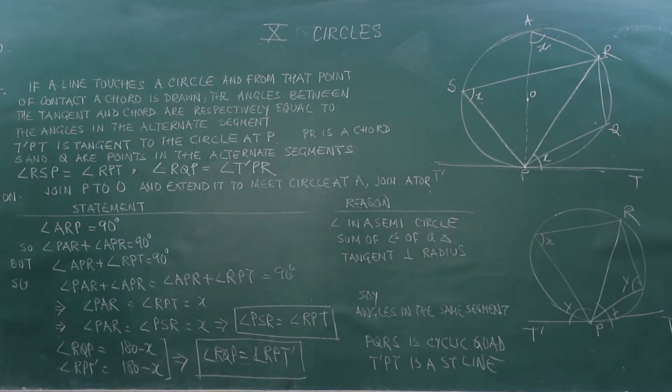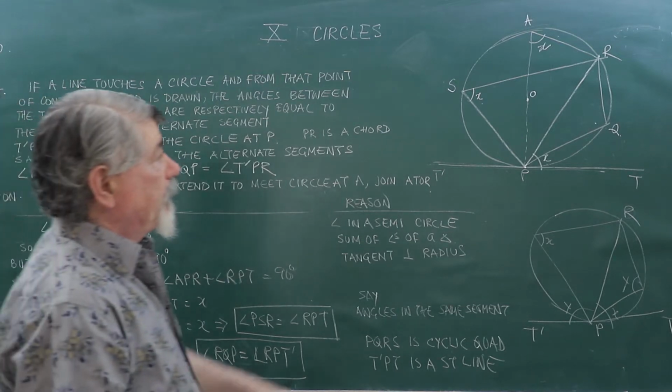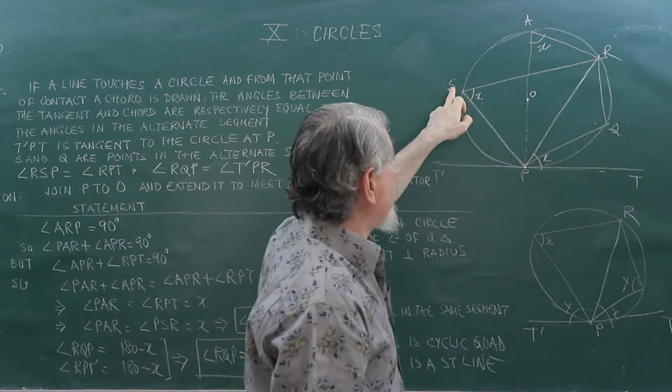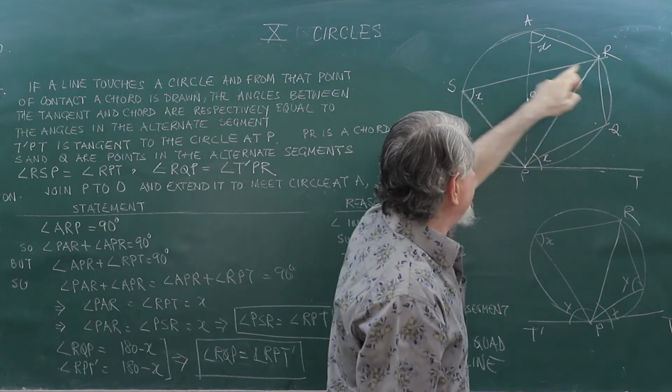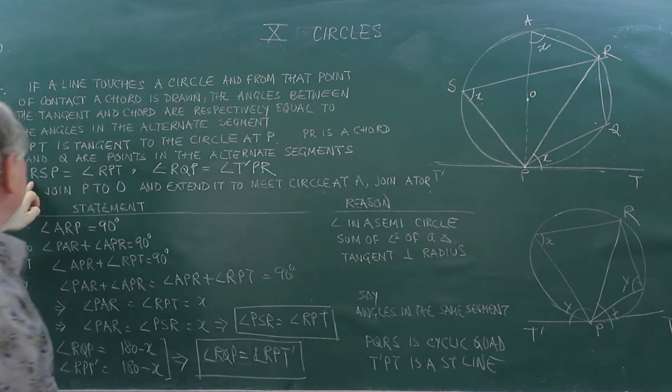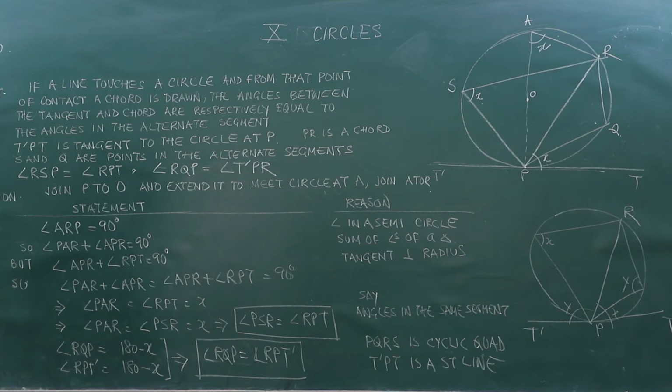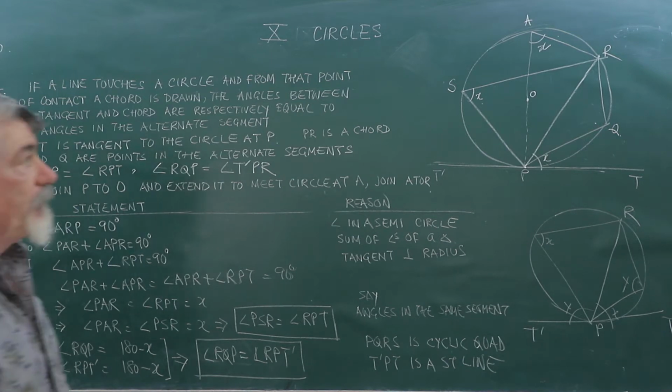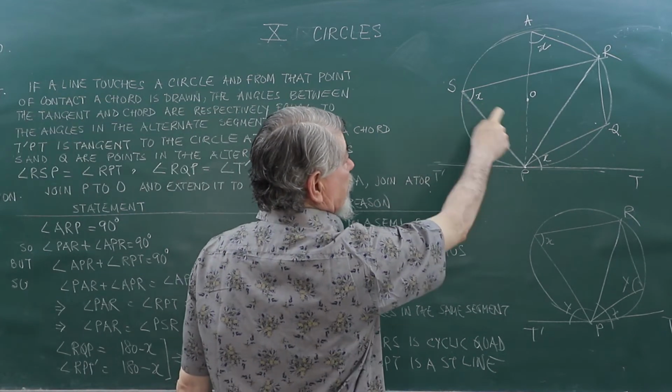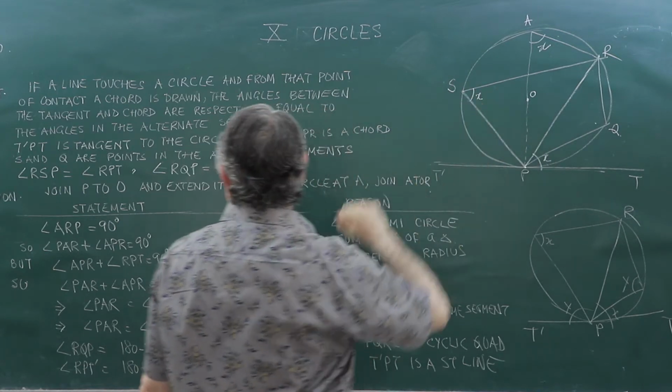So what you are required to prove is that angle RSP will be equal to angle RPT, where I have drawn this angle as X, this angle will be equal to this angle.